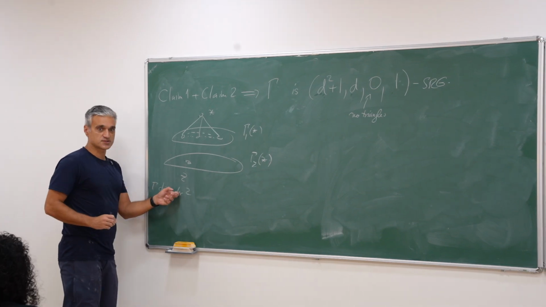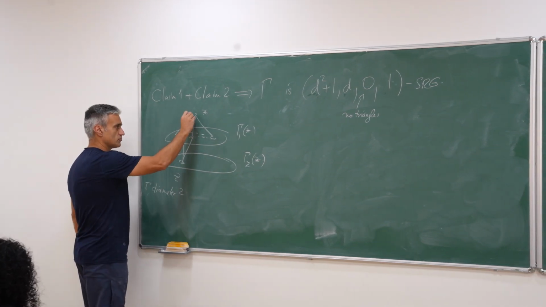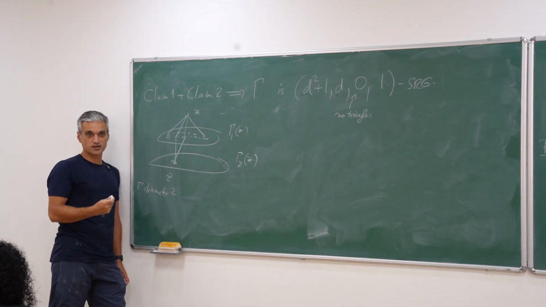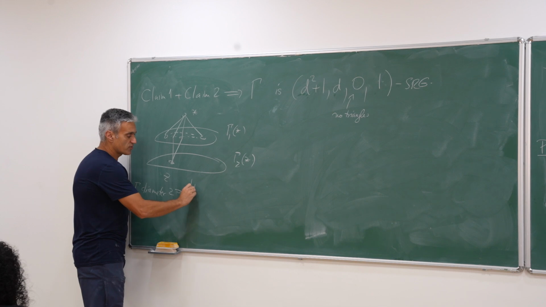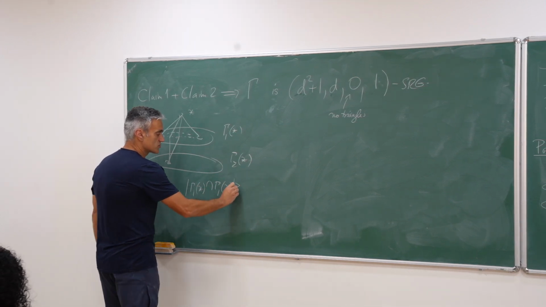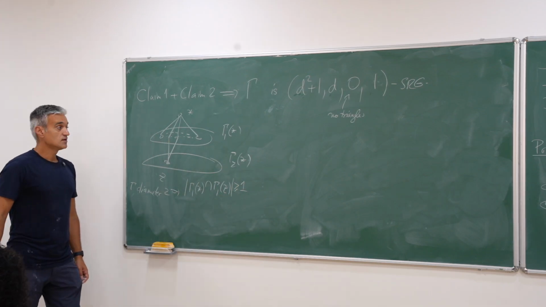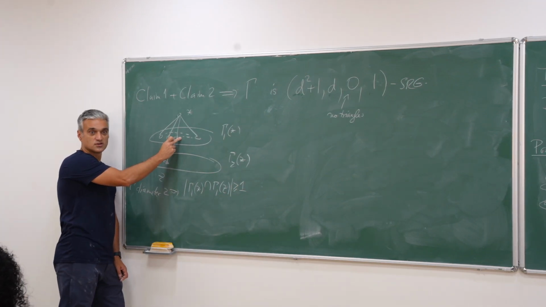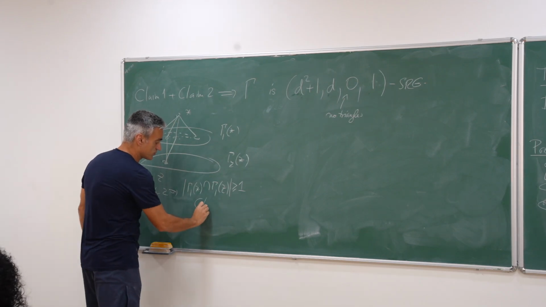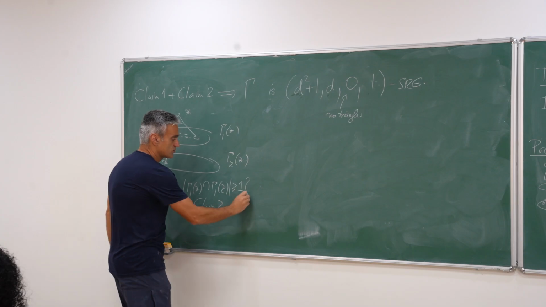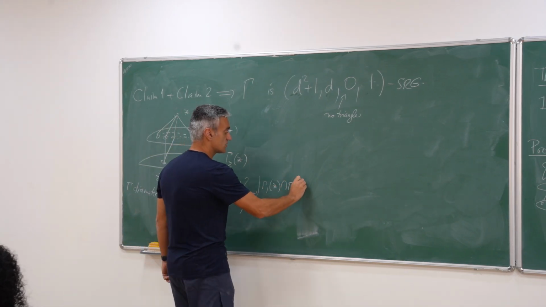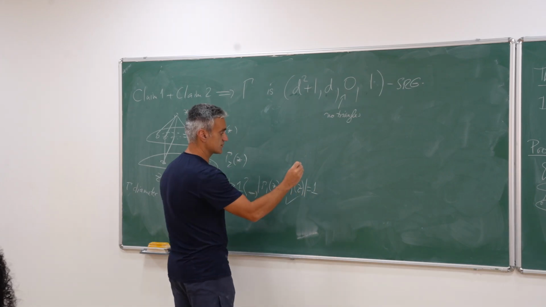Because gamma has diameter 2, Z and X, when they're not adjacent, have to have at least one common neighbor. So that implies the size of the neighborhood of X intersect the neighborhood of Z has to be greater or equal to 1. But if it is 2, what is this graph? A C4. So by claim 2, gamma 1 of X intersect gamma 1 of Z is exactly 1.